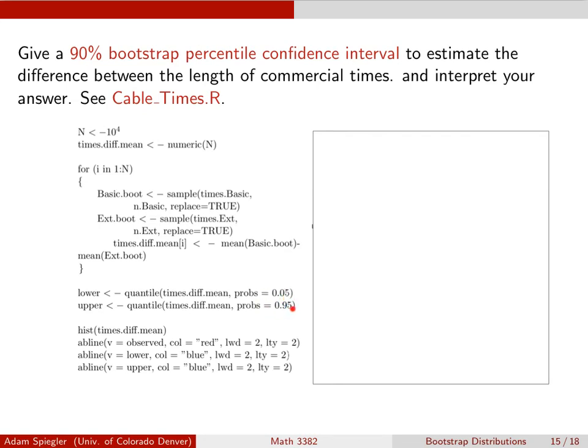We had to adjust these because previously we did a 95% bootstrap confidence interval, and now we're doing a 90% bootstrap confidence interval. If you want to get a picture, you don't necessarily have to, but this is going to plot all of the values in our bootstrap distribution, and put vertical lines at the observed difference that we saw, the lower cutoff for our confidence interval, and the upper cutoff for our confidence interval.